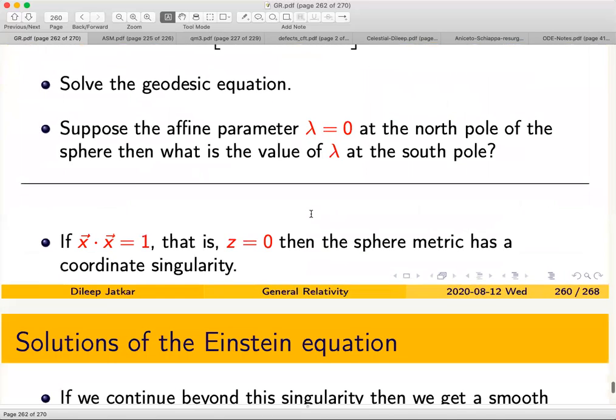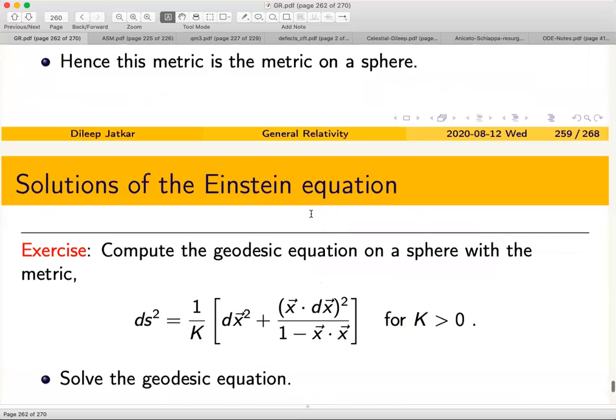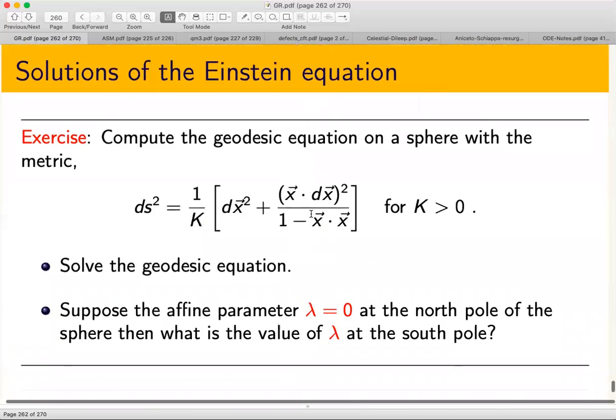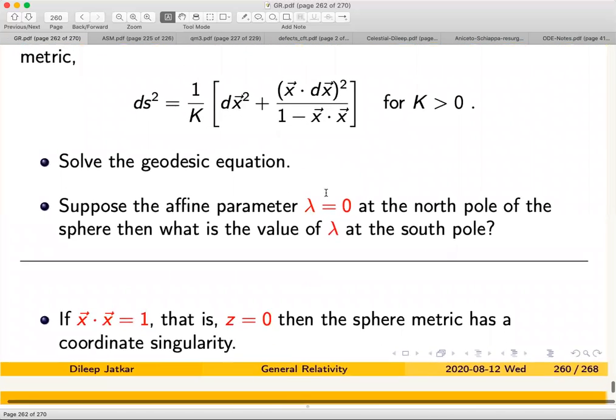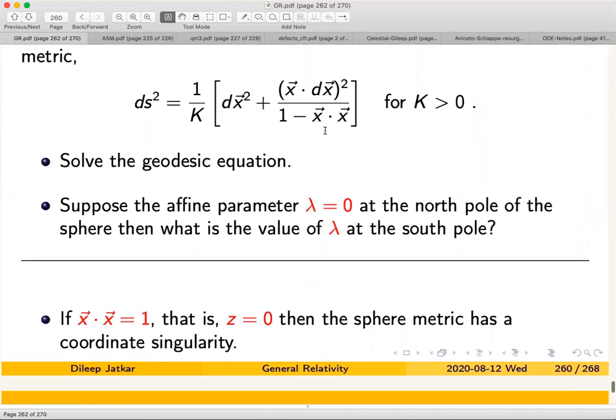The other thing is the following. Suppose you look at this metric, then if you take mod x equal to 1, which is like x dot x equals 1, then it has a coordinate singularity. Now x dot x equals 1 in our sphere equation naturally means that z is equal to 0.